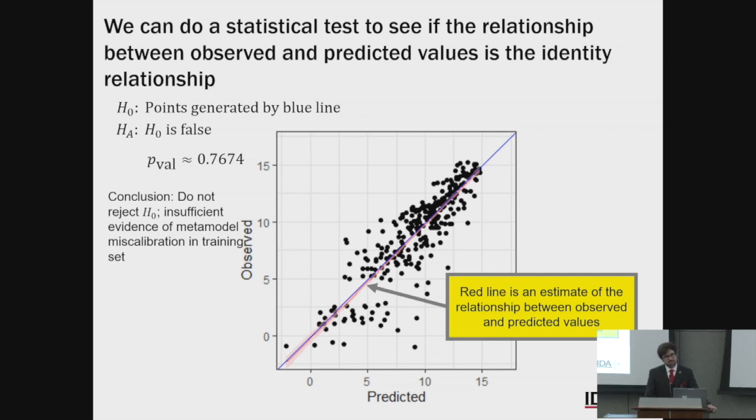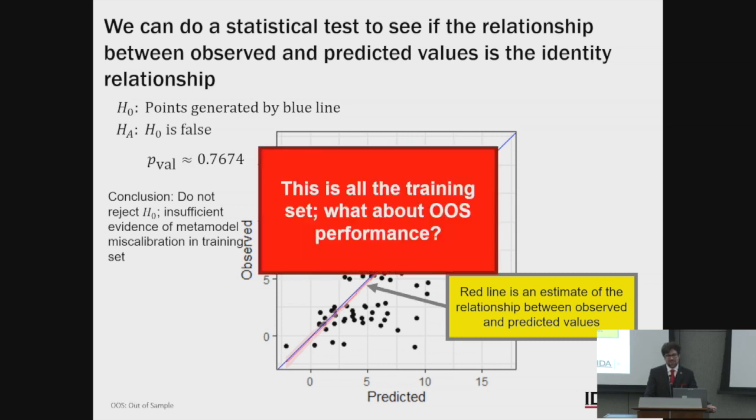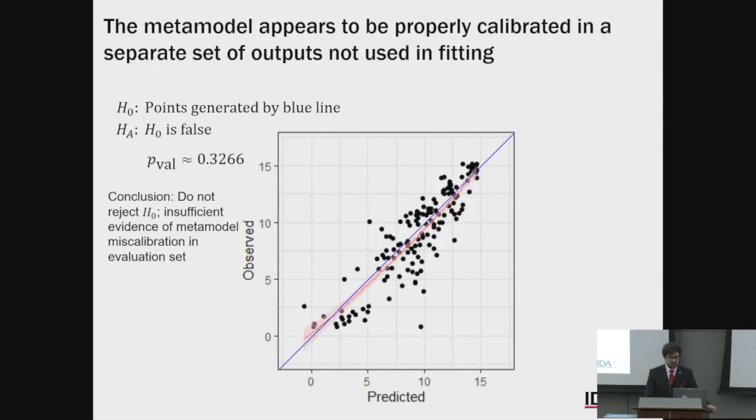The thing about that is we would hope that for data the model has seen, it makes a good prediction, especially when it's allowed to take just about any shape. That's not too surprising. So what if we were to give this model some data it hasn't seen before, out of sample data? I generated another set of data with its own design, and fed that data to the statistical model, but didn't refit the model, right?